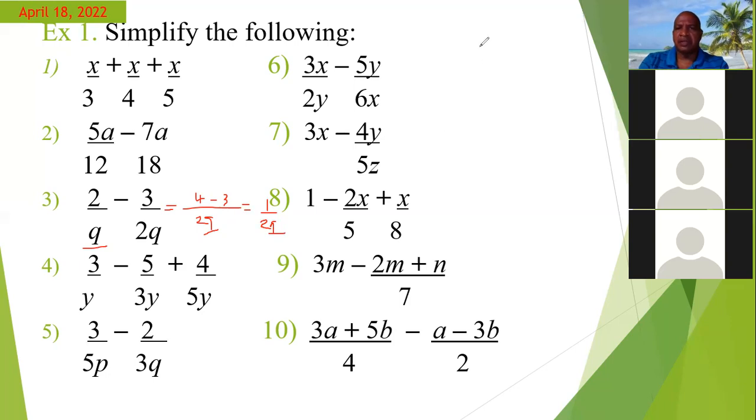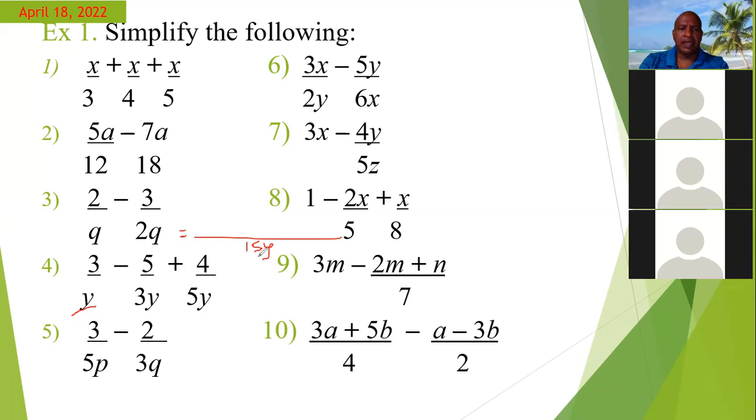All right, so everybody should be on track so far. Question 4. What's the LCM? 15Y, sir. All right, so I'm working it right in this little space here. So the LCM will be 15Y. All right. What you do to this Y to get 15Y? Times by the 3.